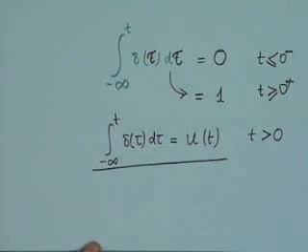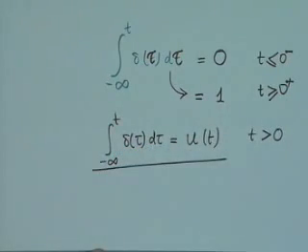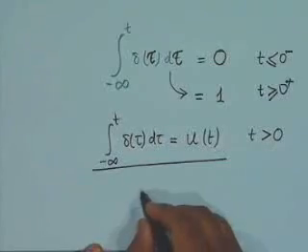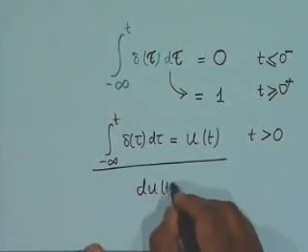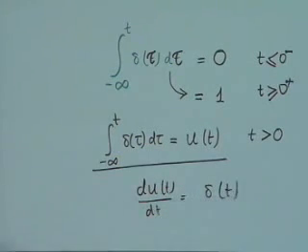That is precisely the unit step, and therefore the integral of the delta function, the unit impulse, is the unit step. And if two functions are related by integration, they can also be related by differentiation, that is, du(t)/dt must be equal to delta t.